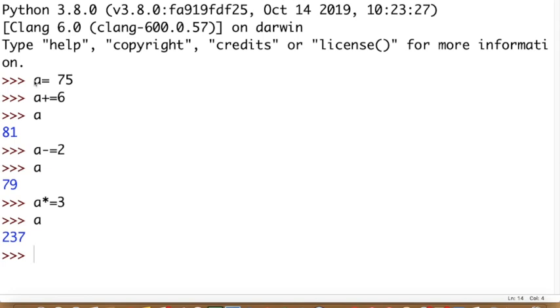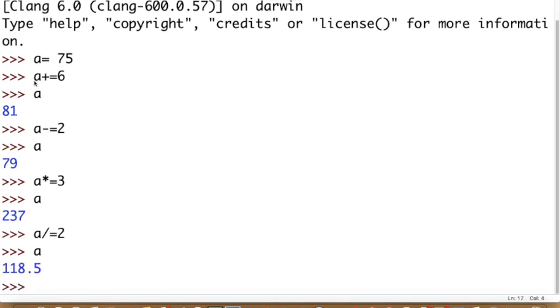Now let us go to the next step. The next step is A divide equal to 2. Now let us see what effect it has. You can see here the value of A now becomes 118.5, because it gives you the floating point quotient of 237 by 2.